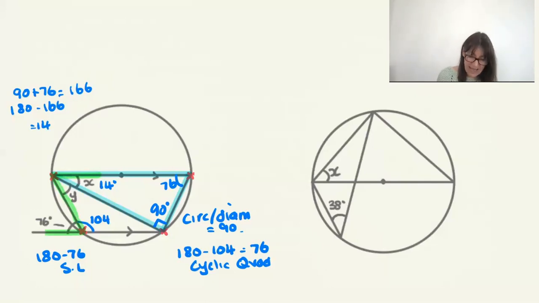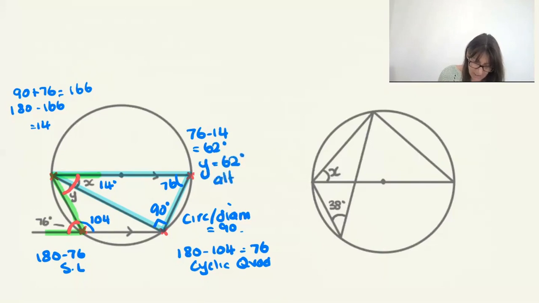I know together they are 76. But I know x is 14. So when I do 76 take away 14, I will get 62 degrees. So y is equal to 62 degrees, alternate angles on that one.